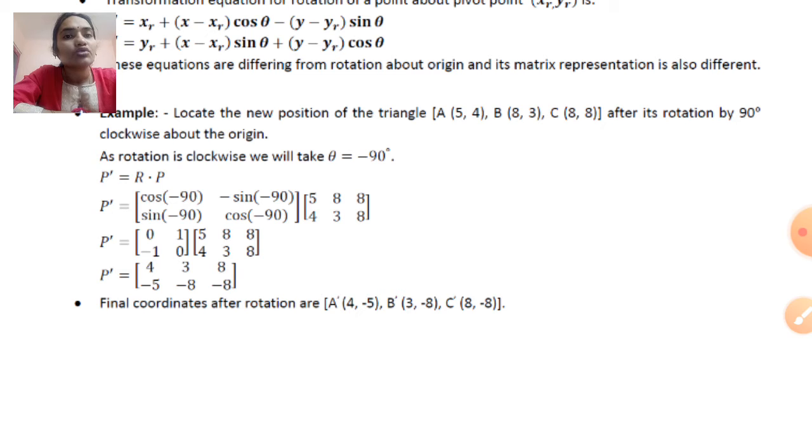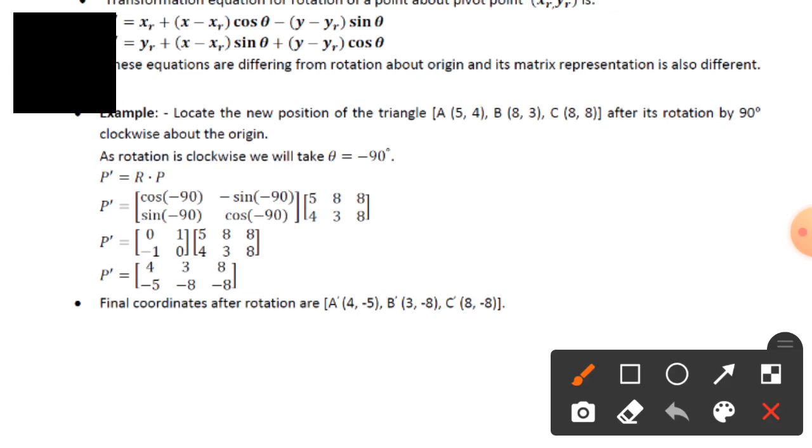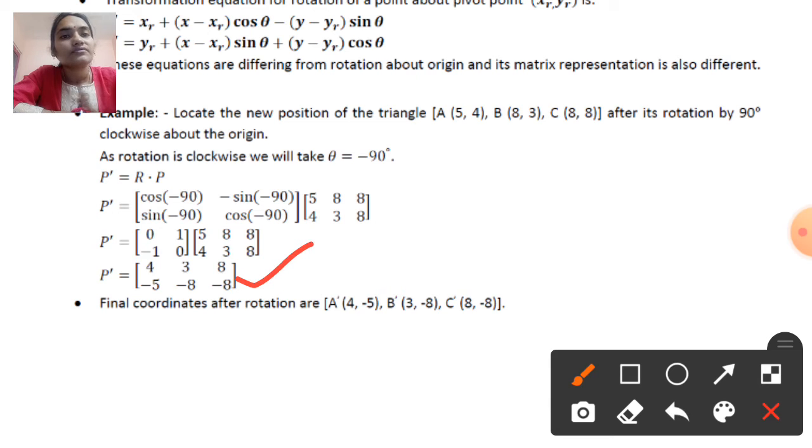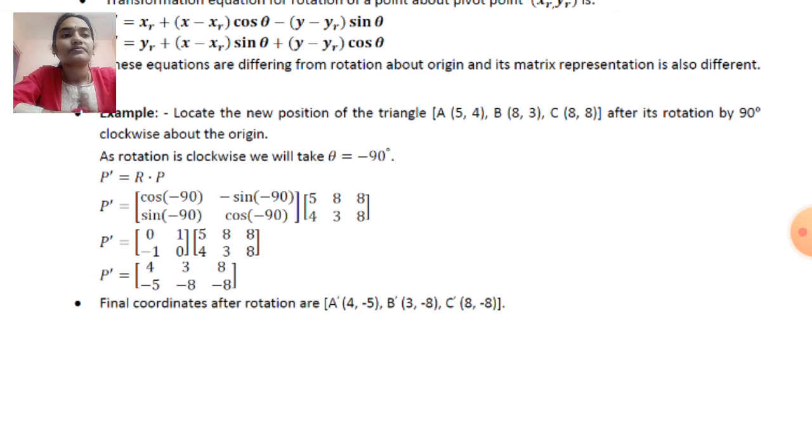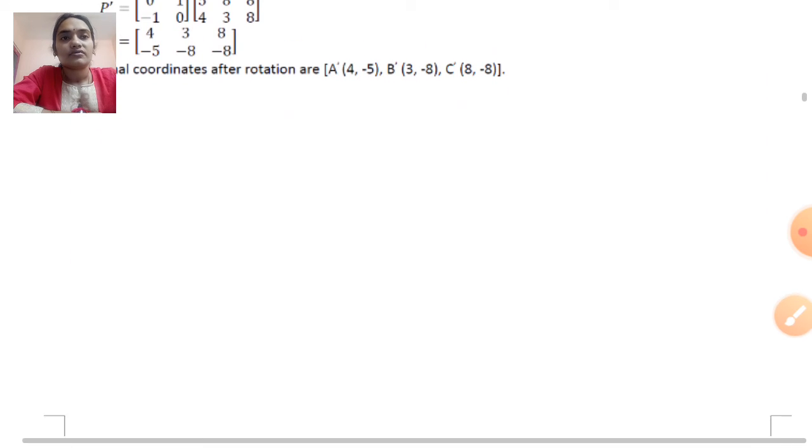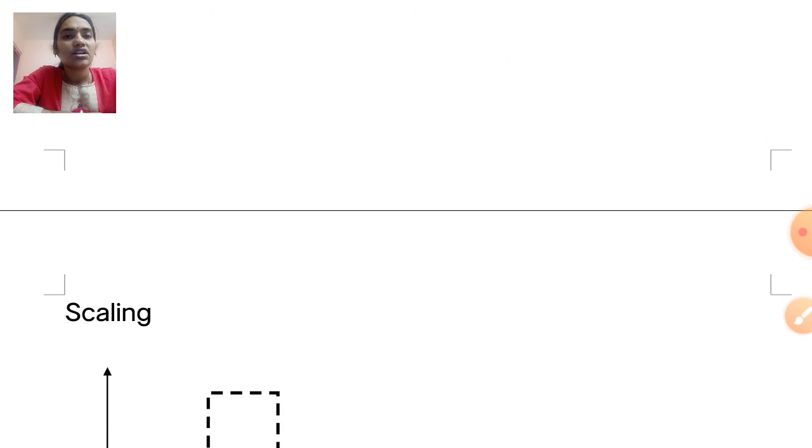After multiplication we get the result. The final coordinates after rotation are A' is (4, −5), B' is (3, −8), C' is (8, −8). So this is your rotation. I hope all of you understand clearly.